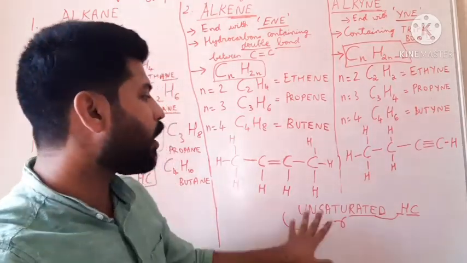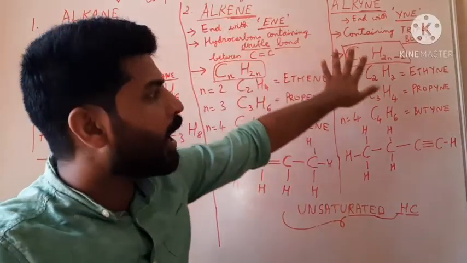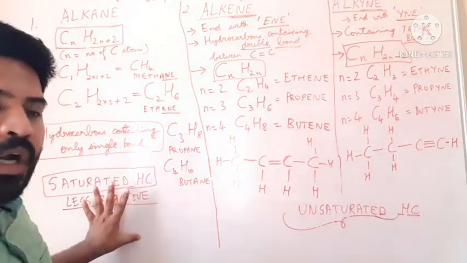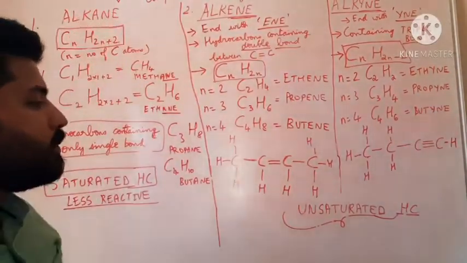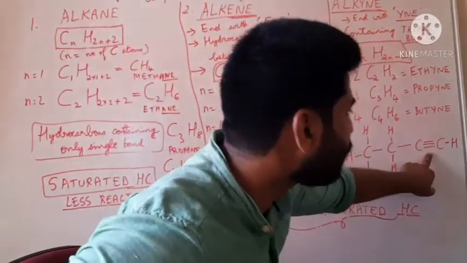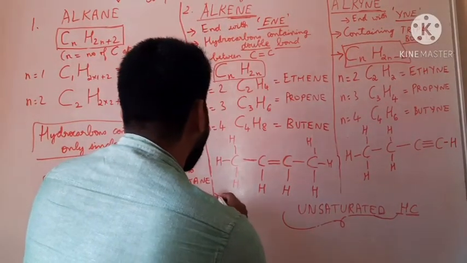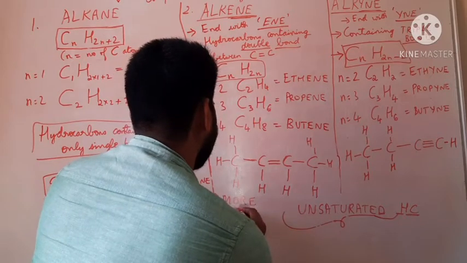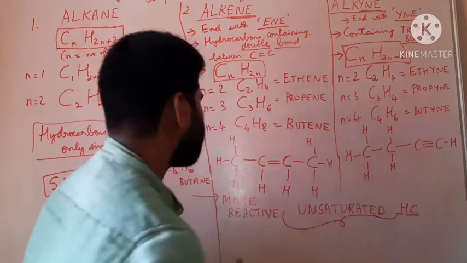In that case, they would be called unsaturated hydrocarbons. Example, alkene and alkyne. Whereas saturated hydrocarbons are those which contain only single bond. Example, alkane. Because they have double bond and triple bond available, these are comparatively more reactive than the saturated hydrocarbons.